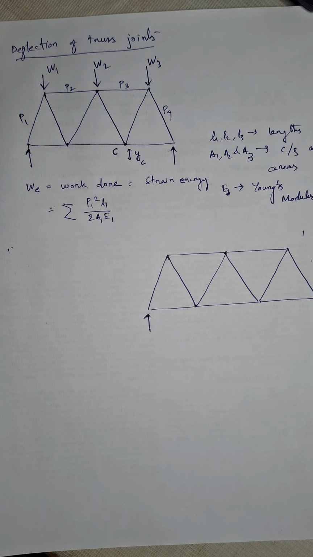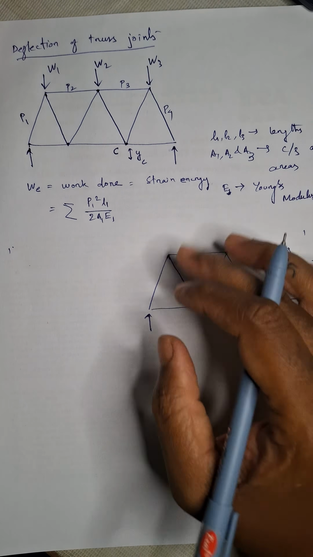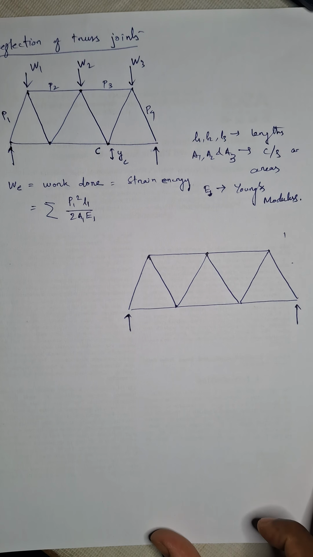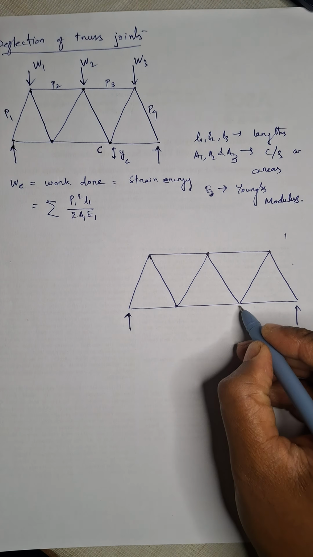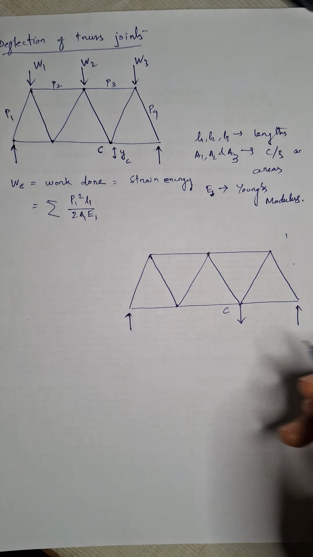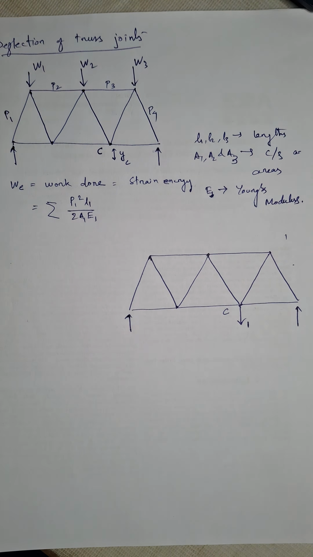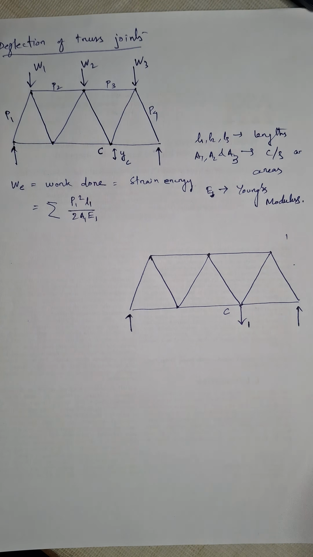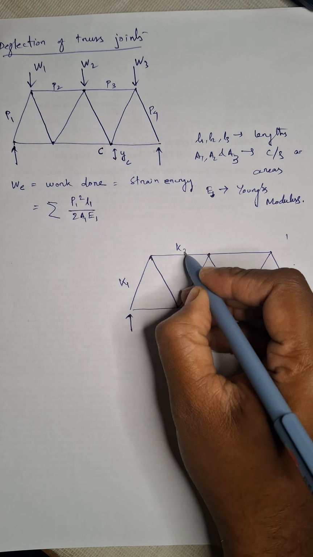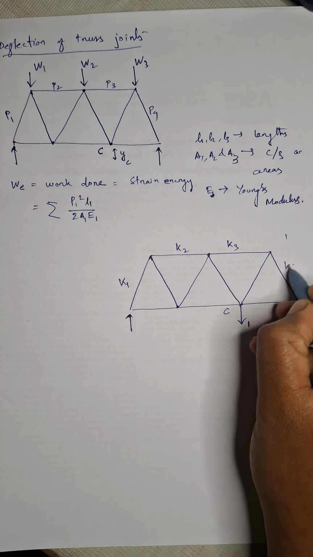Now there is no external loading because we are going to remove all the loading conditions, and we are going to apply a unit load where the deflection is desired. This is point C. Let's consider a unit load 1 is applied at point C. Due to this point load, the member forces can be K1, K2, K3, K4.